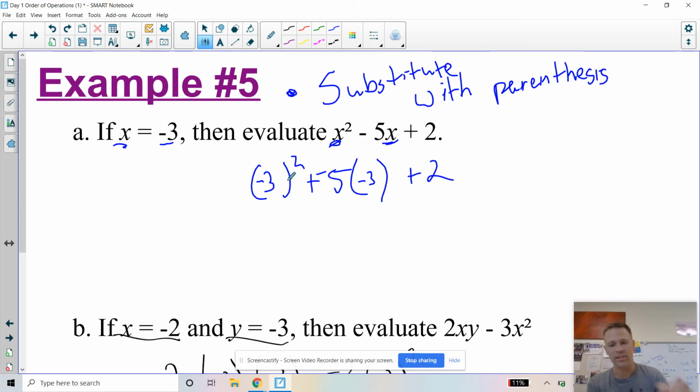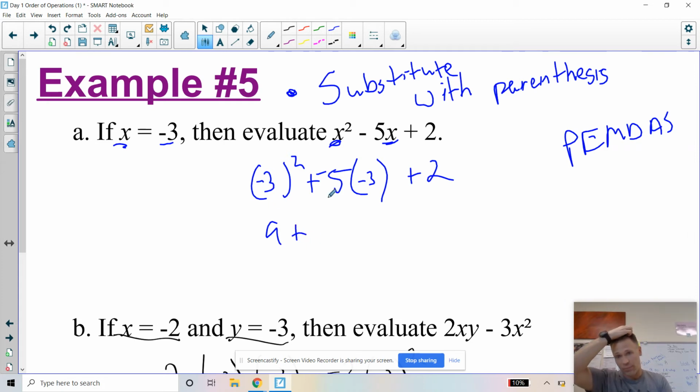And now we just evaluate this. Everything else is the same after we've substituted. So I got -3 squared. That is going to end up being +9. Again, parentheses, exponents, multiplication, division, addition, subtraction, right? That's going to be +9 because I have a -3 times a -3, which is +9, plus -5 times -3 plus 2.